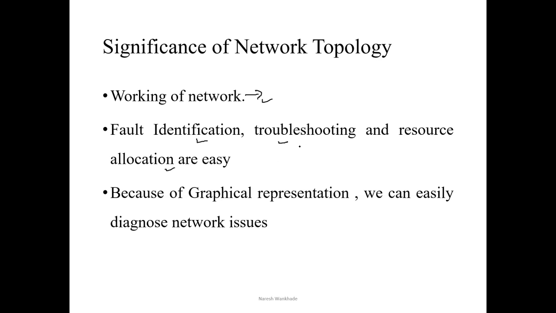Because of that, troubleshooting and allocation of resources become an easy task. Because of graphical representation, we can easily diagnose network issues. Means in graphical representation, there are two nodes. We can easily identify if there is proper connectivity between two nodes or not. So that's why we need graphical representation.